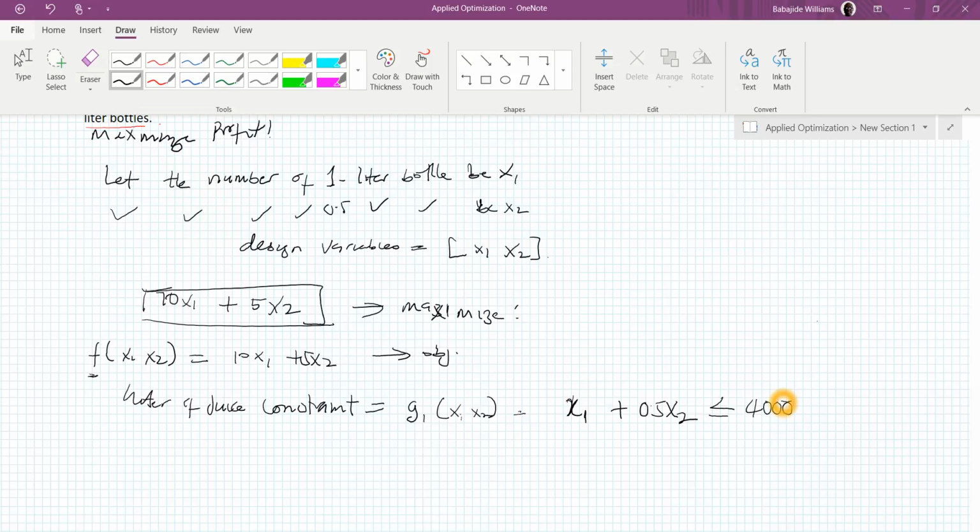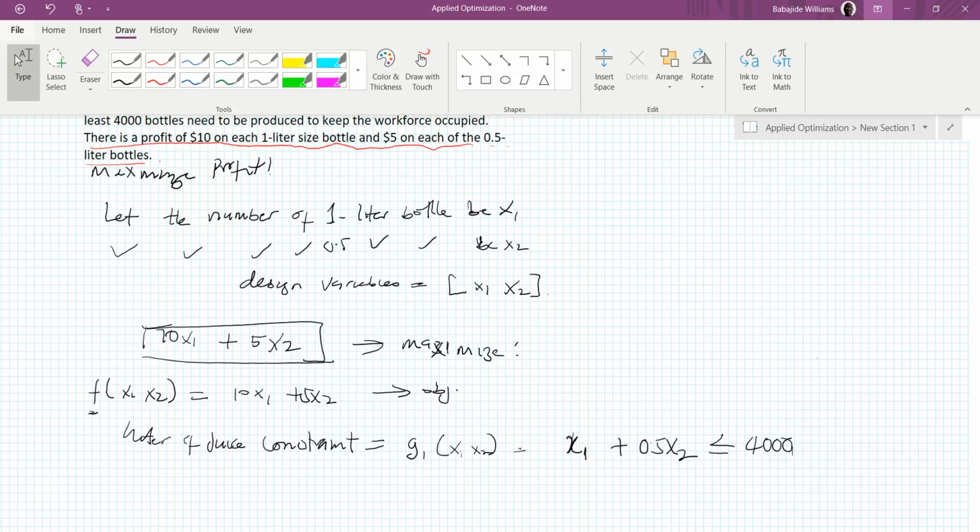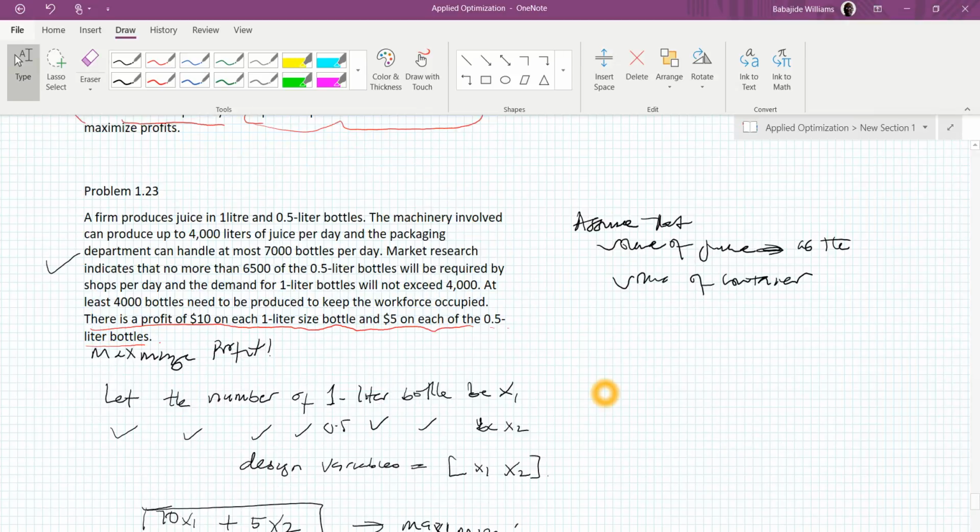But the packaging department also has some issues here. So if you go back to the question, he says here, right here, of juice per day, and the packaging department can handle at most, so you can't go beyond that.